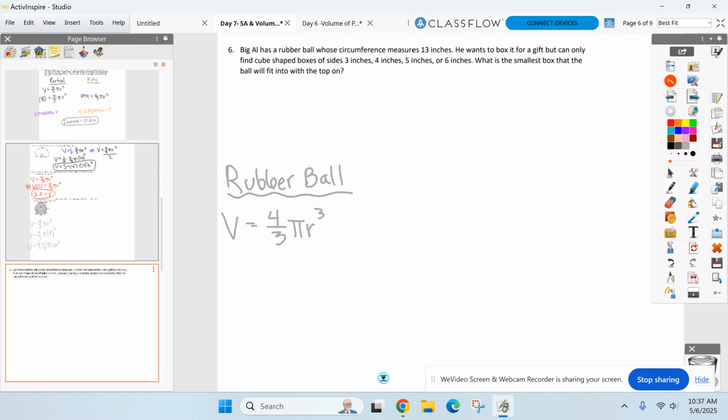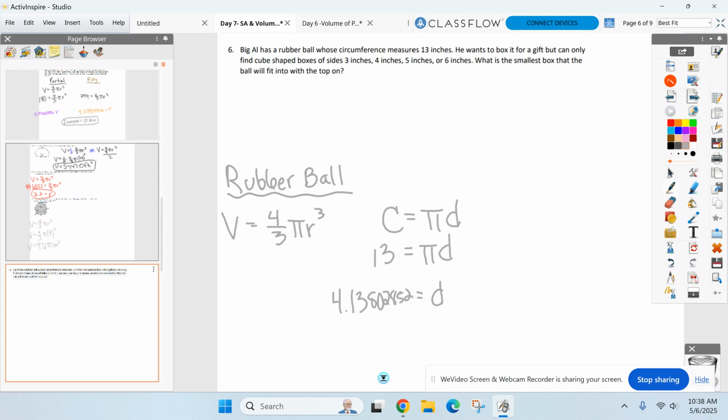Hopefully we're not plugging in 13 anywhere for radius. That's the circumference. So just like we did in the first problem today, we'll use pi d, plug 13 in. Unfortunately, no pi's cancel here. We're getting the diameter of this rubber ball to be about 4.13802852.